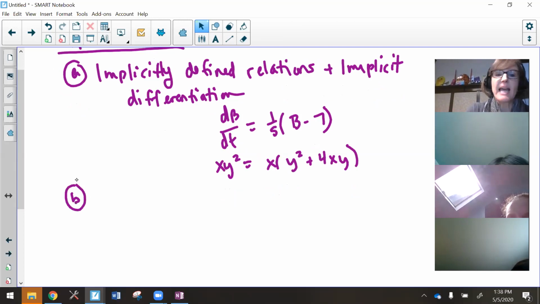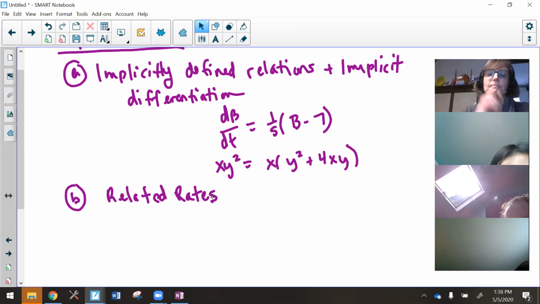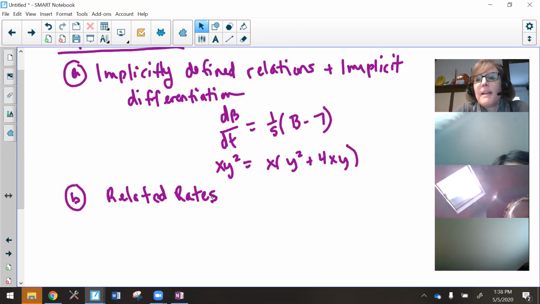The second category here is related rates, and we talked about this in chapter 5. Those were the type of problems where an object is moving through space.